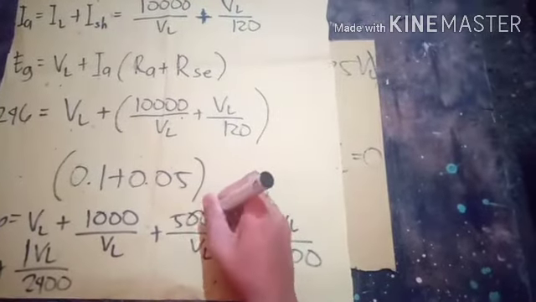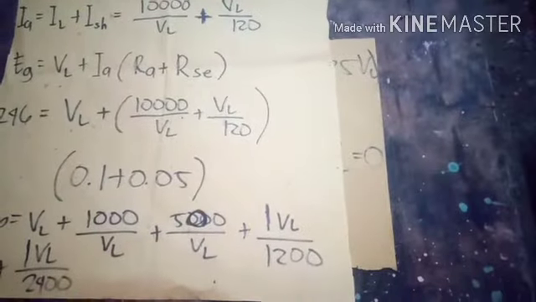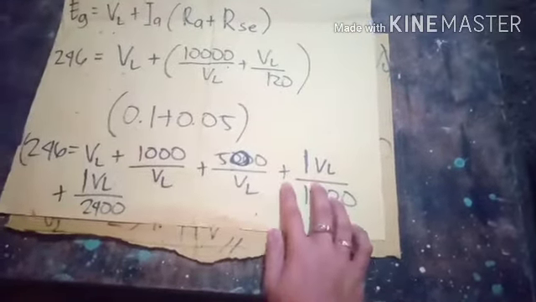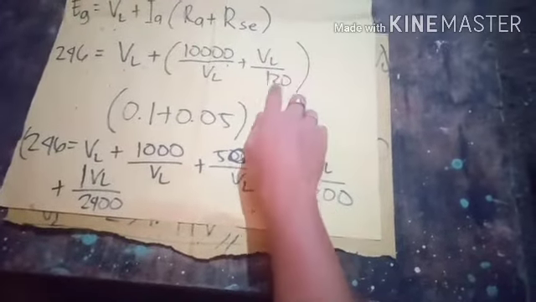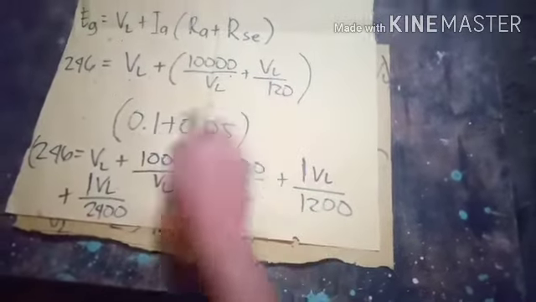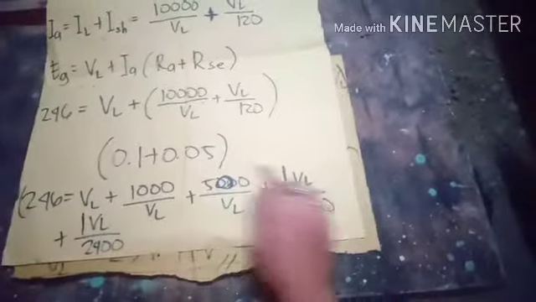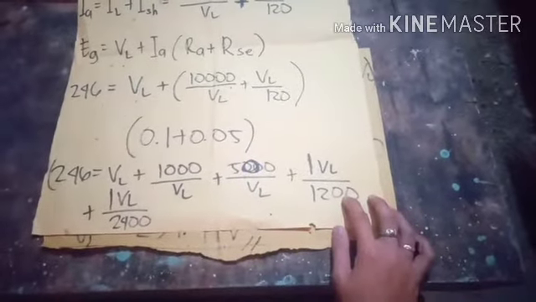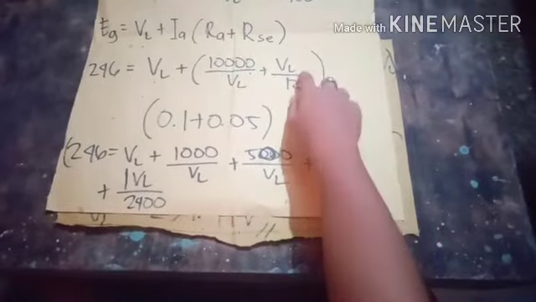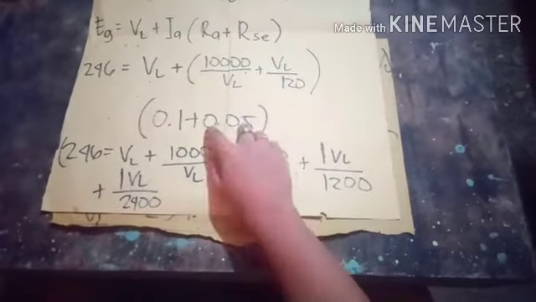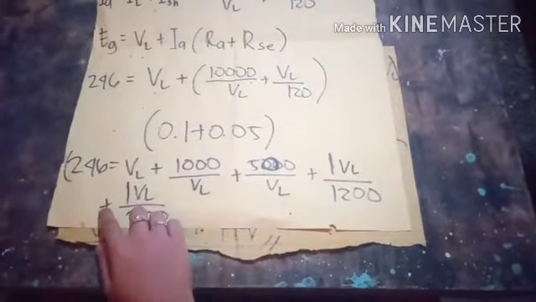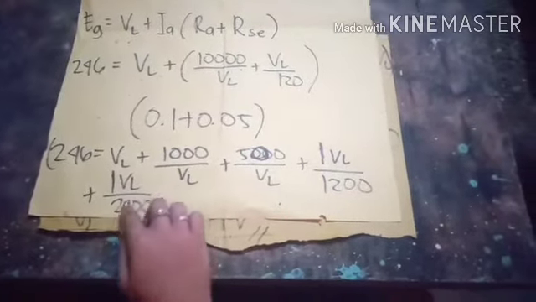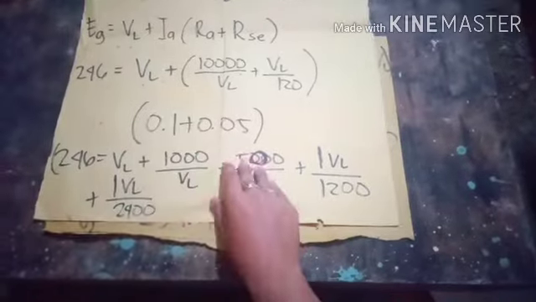Then VL over 120 times 0.1 is equal to 1 VL over 1,200. Then VL over 120 times 0.05 is equal to positive 1 VL over 2,400.